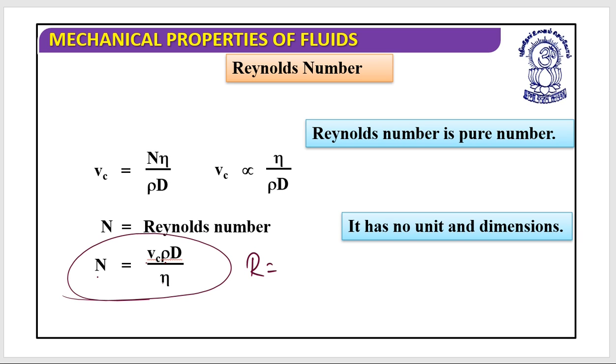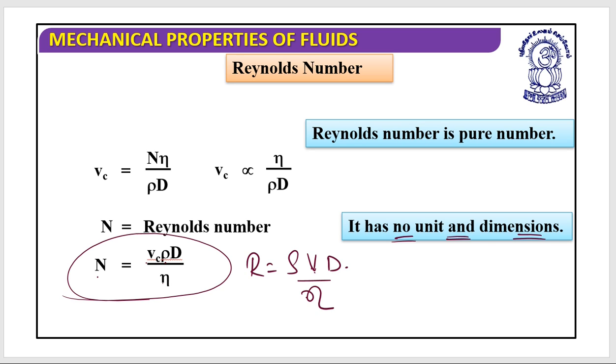Sometimes it is denoted as density into velocity into diameter divided by eta. So it's a pure number, and this number does not have any units or dimensions.